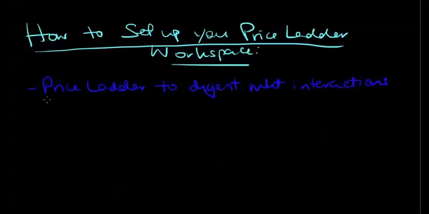And of course, we also use it to execute trades, which is obviously the most important part. So we use it to read what the market's doing, how the buyers and sellers are interacting, and then we use it to execute our trades.